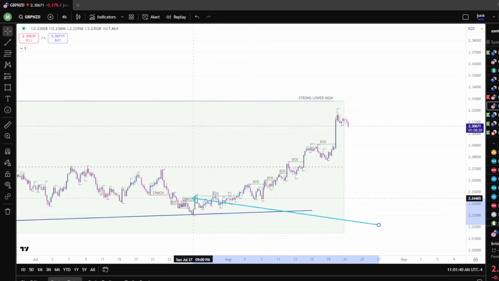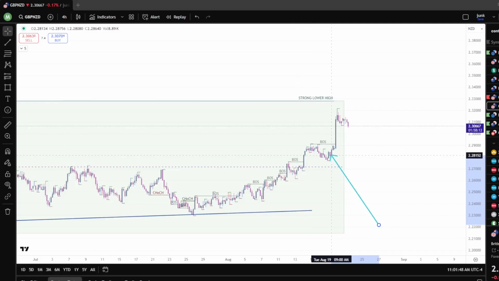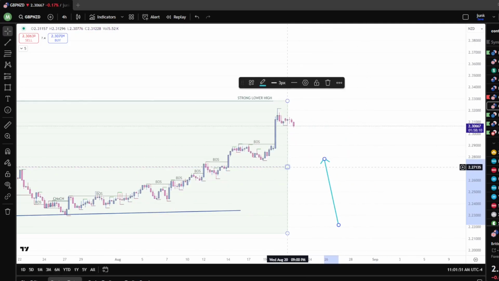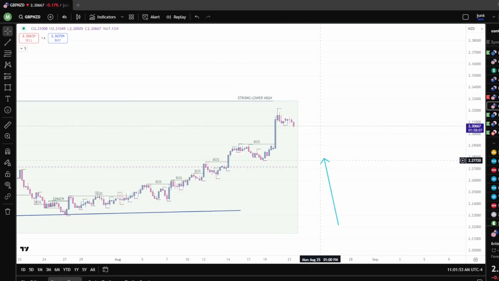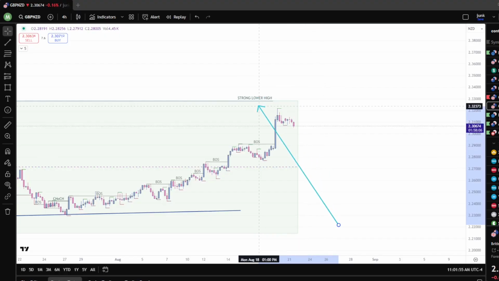Internally, the same situation: buyers step back in after they hit that trend line, consolidate, make higher highs, higher lows, higher highs, higher lows, higher highs. Internally, the swing structure is still bearish until it breaks past this lower high, but it is impulsive to higher prices in that direction.